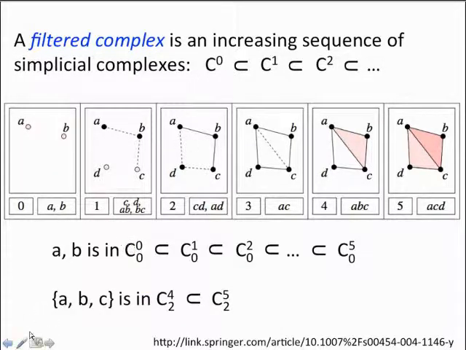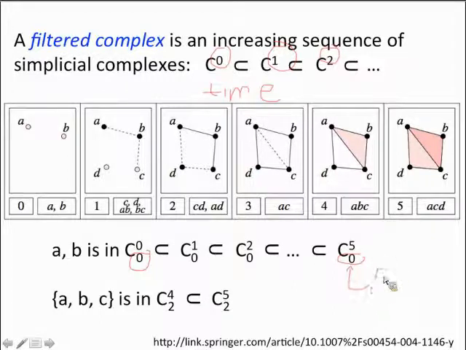Our superscript we can think about as time. In our data, it could have been our epsilon radius, but our superscripts will be time. We still have our standard subscripts, which have to do with our dimension.